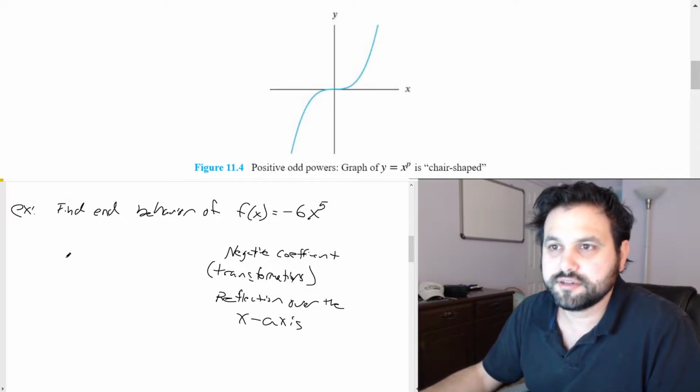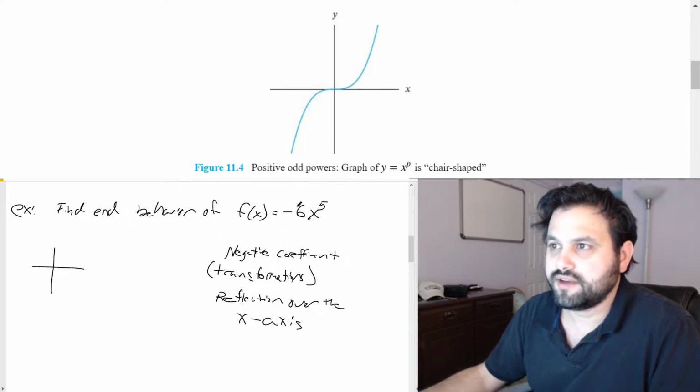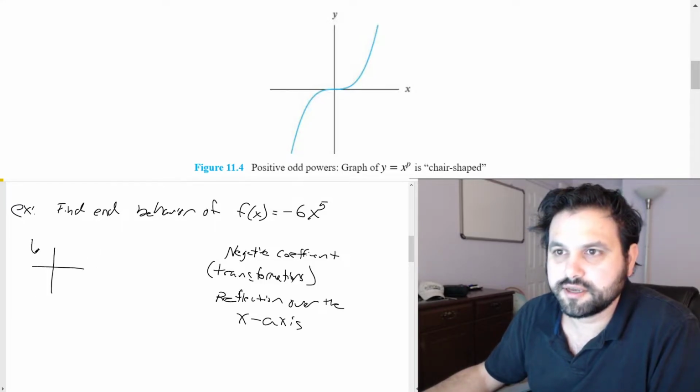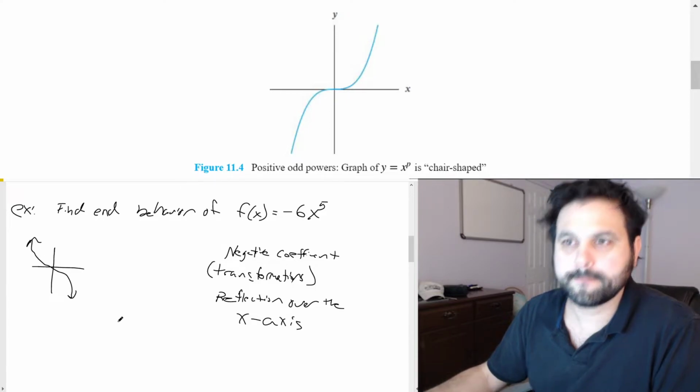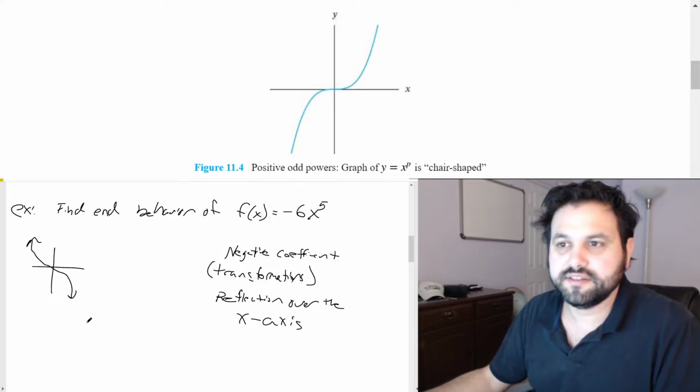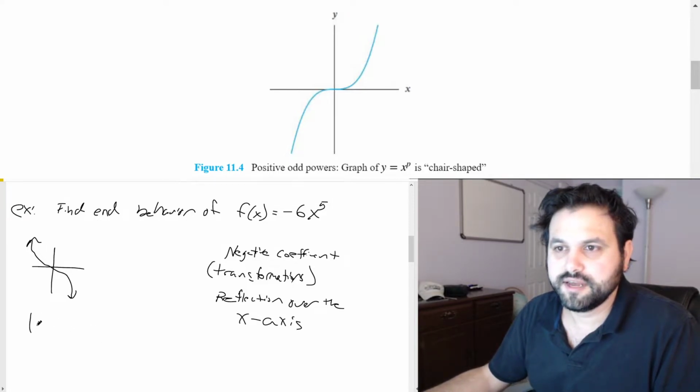And so what this is going to look like, and this is why I just sketch these all the time, I have a negative coefficient and I have an odd exponent, so it's going to look like x cubed but reflected over the x-axis. So it's going to look like something like that.